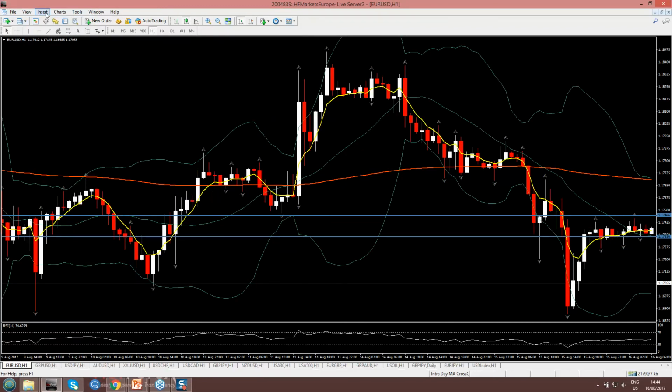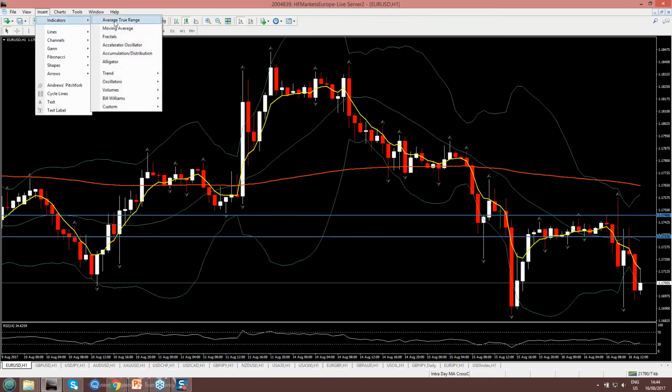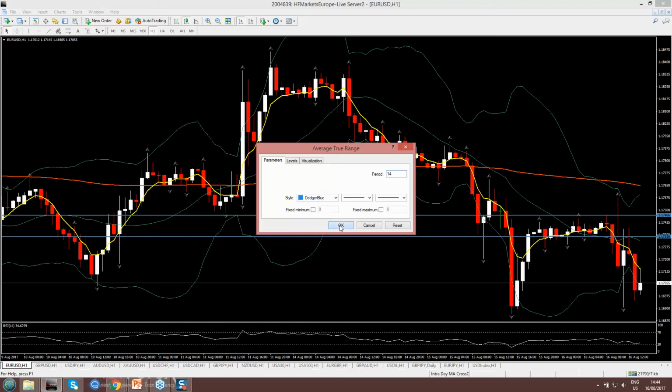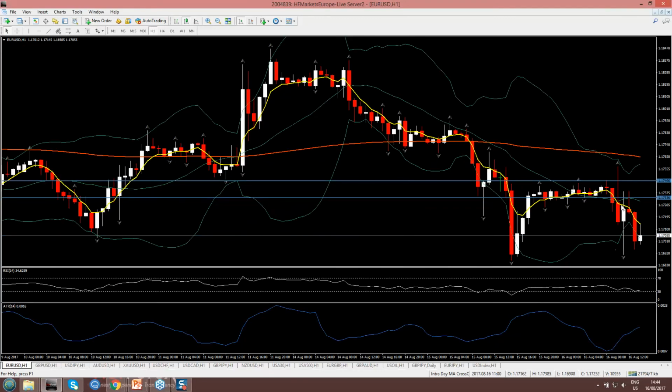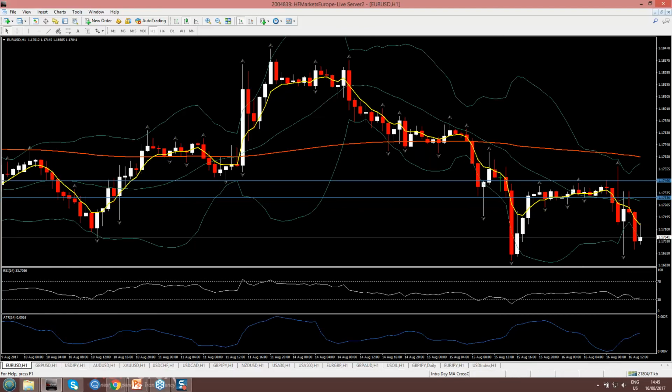Okay, so again here you can see the ATR's here, ATR 16, so again probably we would have been stopped out there because it would have gone up there. This one's a bit volatile, that wouldn't have worked there. That one would have worked as we've come down, so keep it simple.